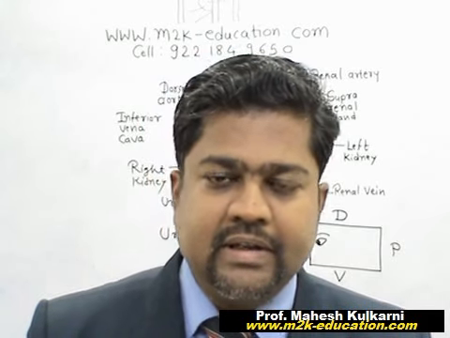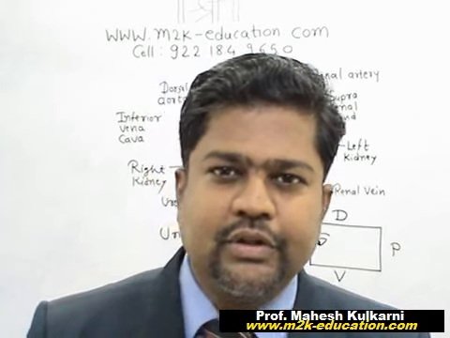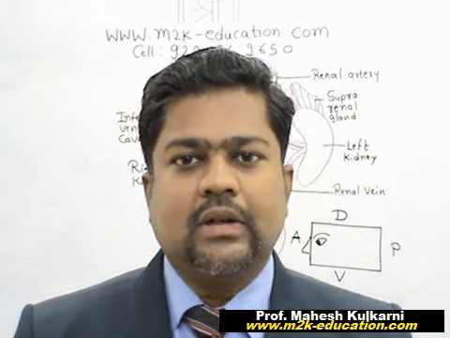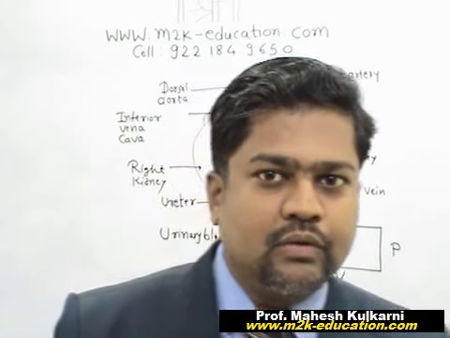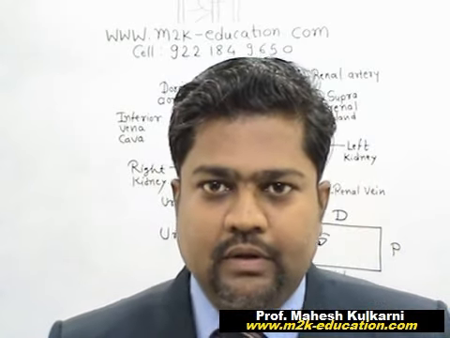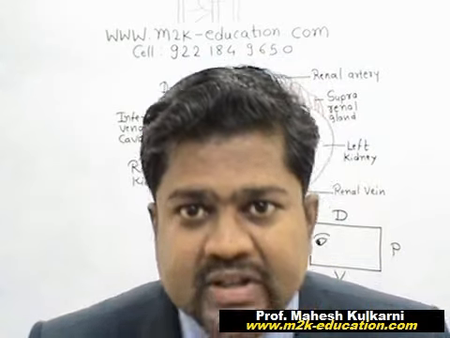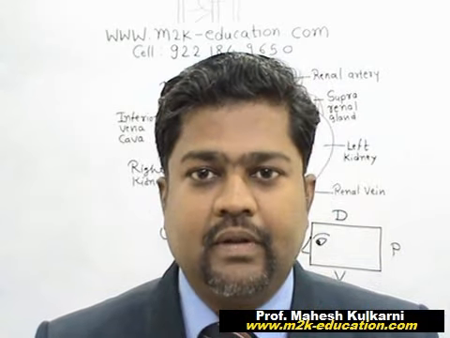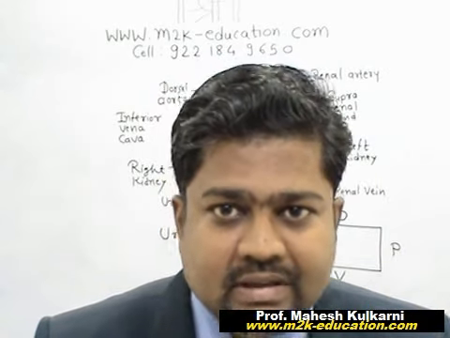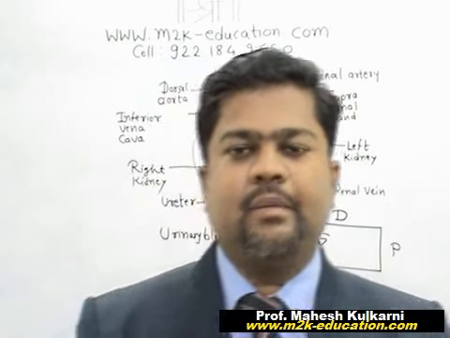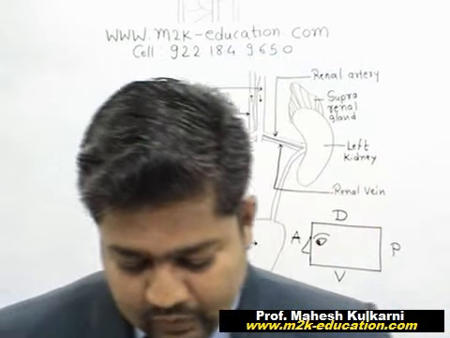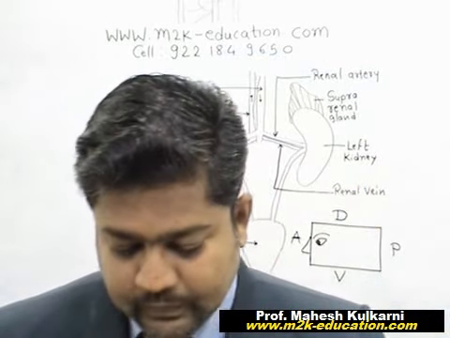The kidney is made up of a small functional unit called the nephron. Don't confuse the word with neuron. Neuron is present in the nervous system, whereas nephron is in the excretory system. We will discuss that, but right now we are focusing on this part.